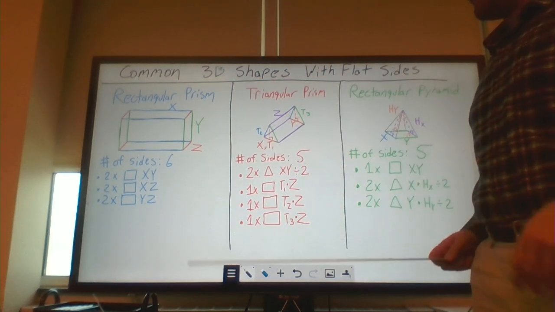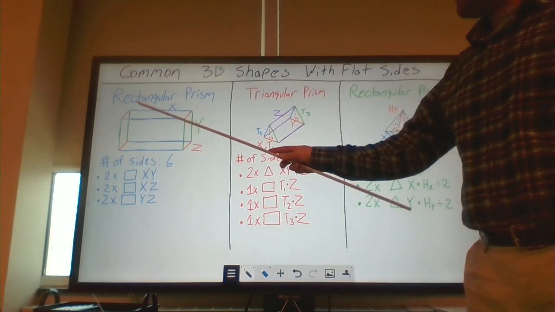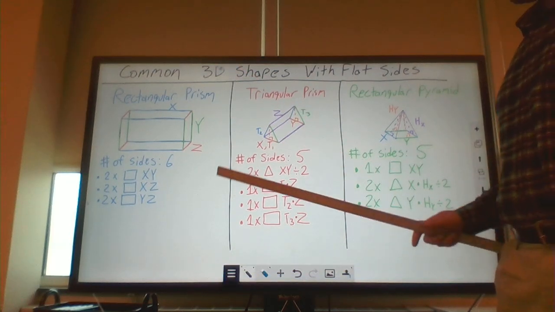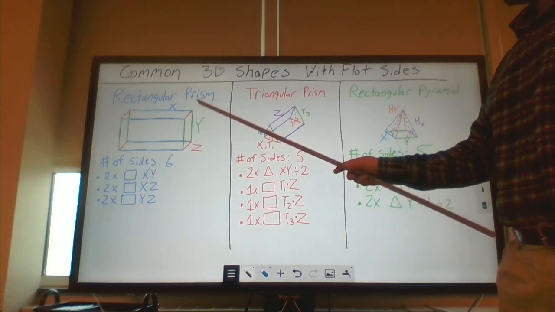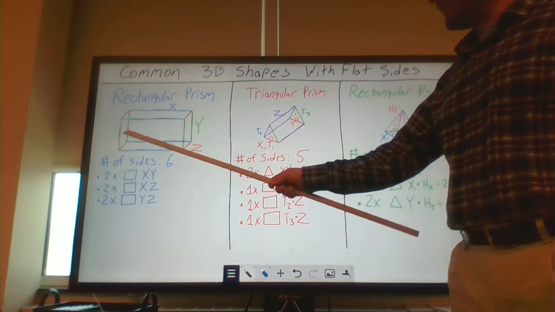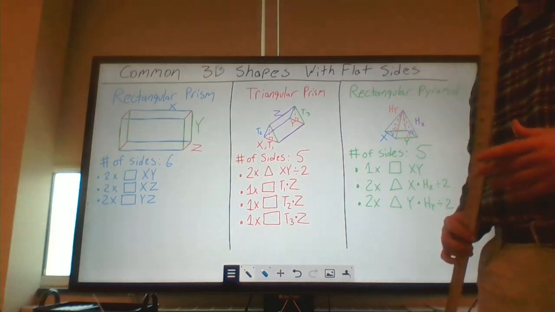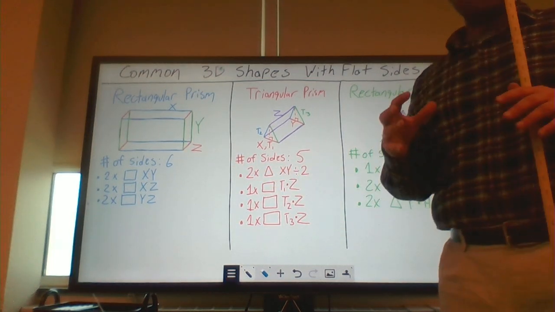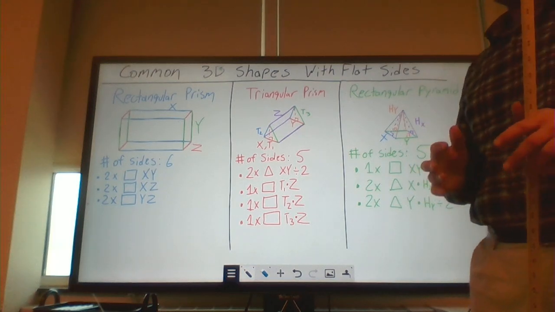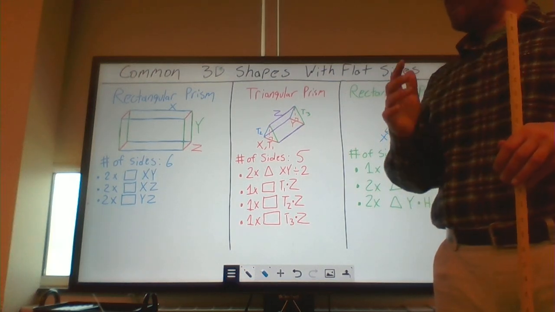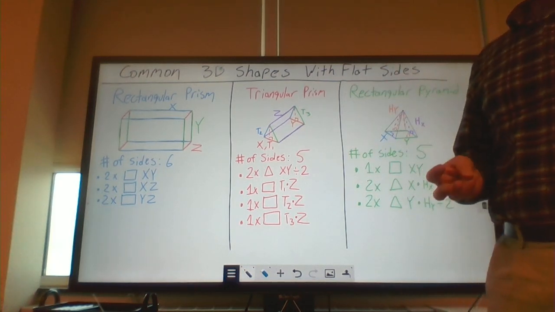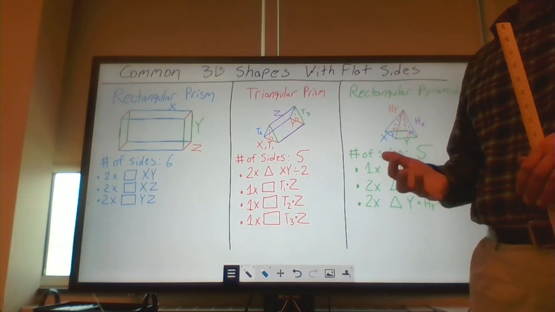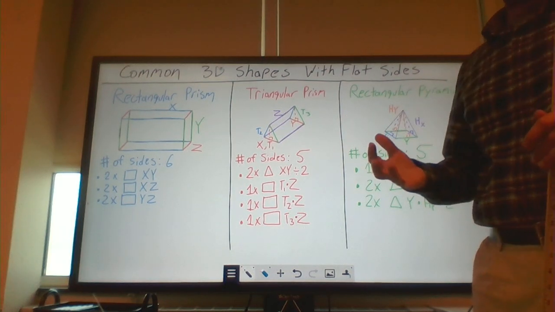So we could have one side be x times y, we could have another side be y times z, and we could have a third side be x times z. And even better is the fact that opposite surfaces are copies of each other. So we really only need to find 3 measurements, and then we just multiply each of them by 2, and then we have all 6.